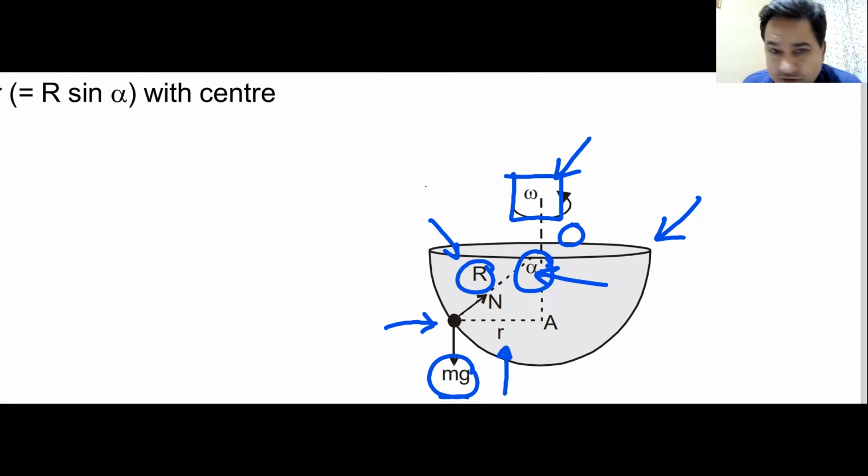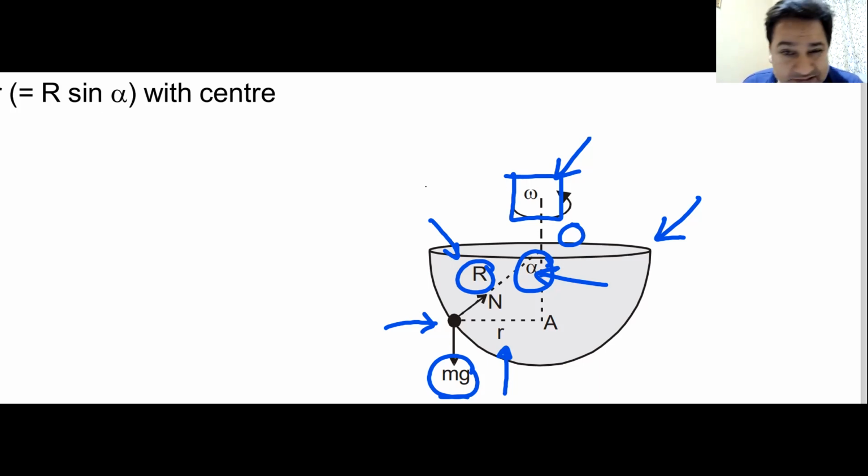Sir, yes, bacha. I have got omega equal to under root g cos theta by r. G cos theta by r. Okay, dimensionally, is it correct? First of all, we have to think about this.